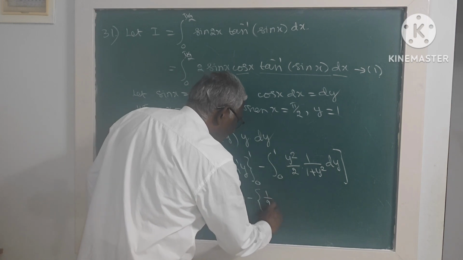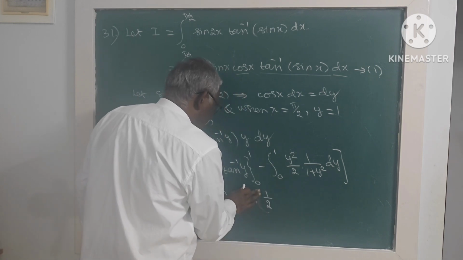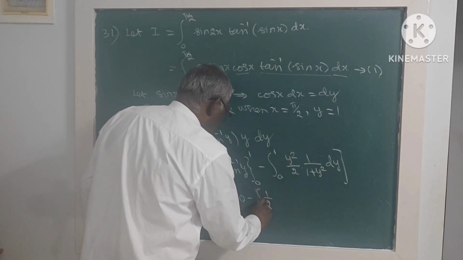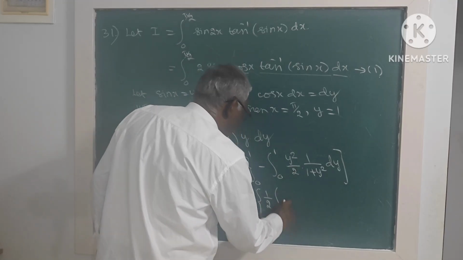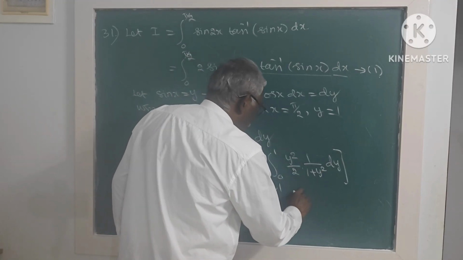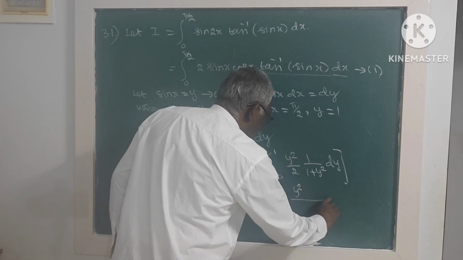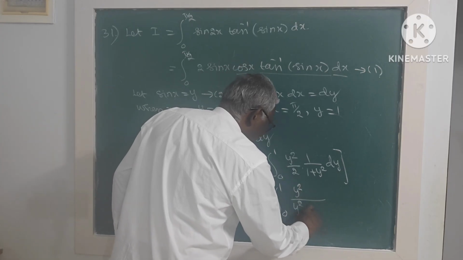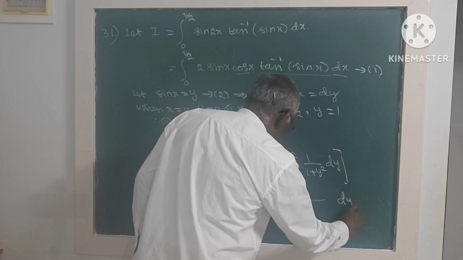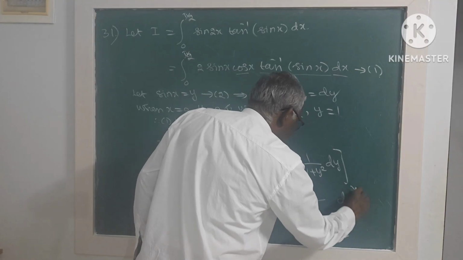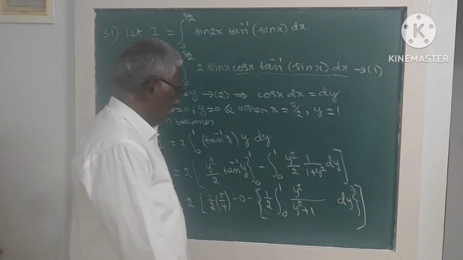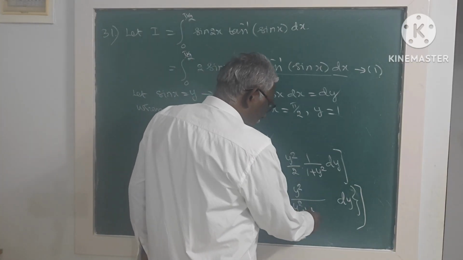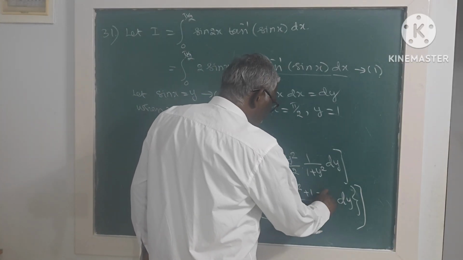this half we take outside, then integral 0 to 1 y square by y square plus 1 dy. Y square plus 1 is the denominator, so write the numerator as y square plus 1 minus 1.